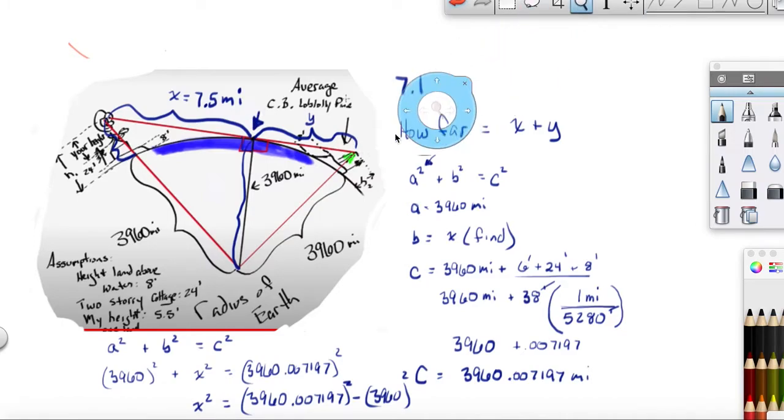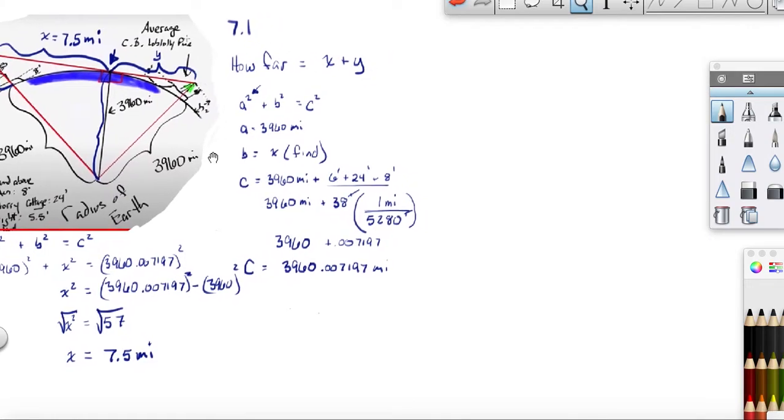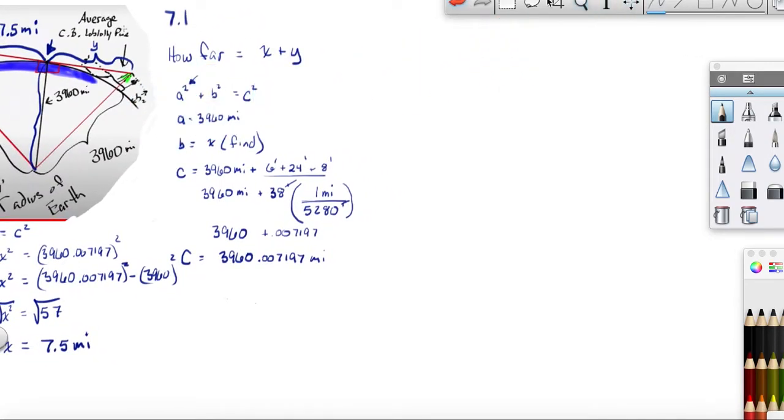Now for part 2, to find y, you need to do all this again, except this part right here, instead of being your height, or Mac's height, the height of the house and the height of the ground, this is going to be the tree height plus the height of the ground above sea level.